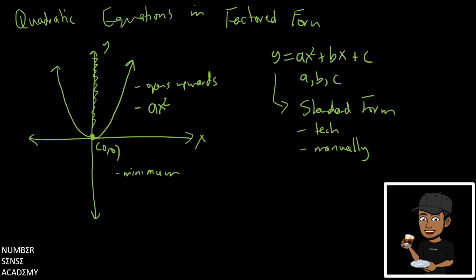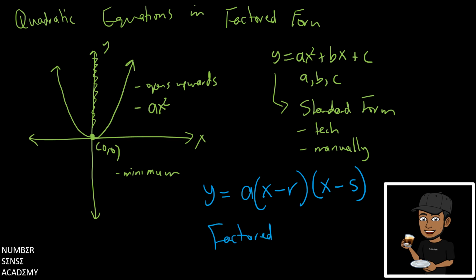But when I have the equation in factored form, which looks like this, y equals a times (x minus r) and (x minus s), this is called factored form.